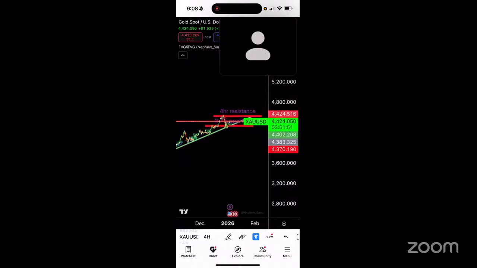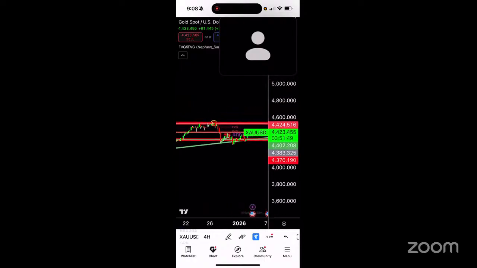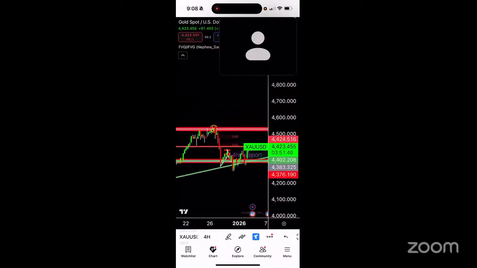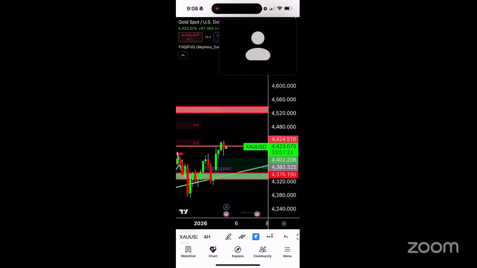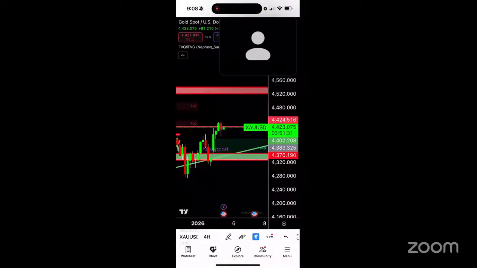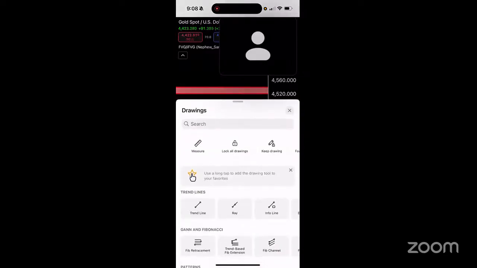And like I said a week ago, it would usually come back to our trend line eventually, which it did, it dropped. And now it's bouncing off of our 4-hour trend line, right off our 4-hour support, trying to head back to our 4-hour resistance. But the only thing that I would be careful about is this fair value gap right here.